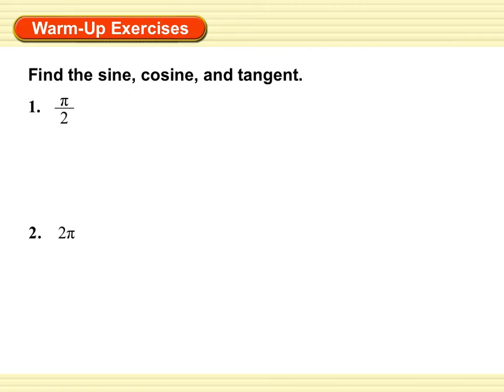First of all, let's find the sine, cosine, and tangent of pi over 2. If we remember, pi over 2 is 90 degrees. Sine is my y value, cosine is my x value, and tangent is y over x.